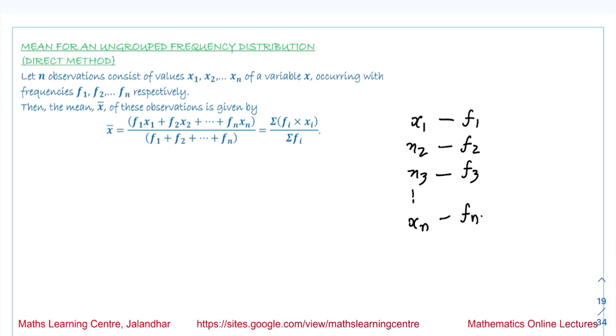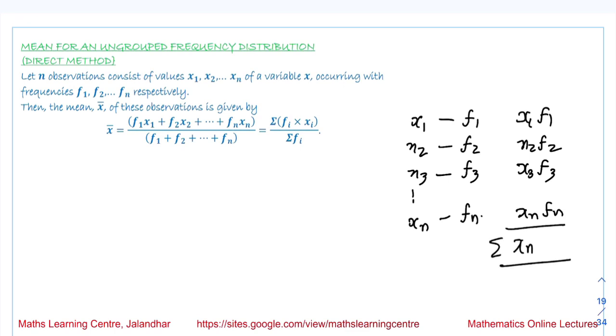These are the frequencies of these values, and these are given to us. So to find the mean of these values, we have to calculate x1 f1, x2 f2, x3 f3, xn fn. We will add these values, and we will divide by the sum of the frequencies, which is sigma fi.